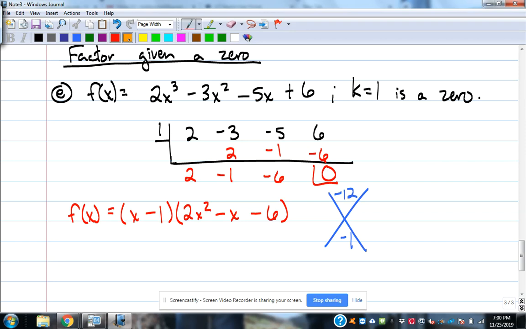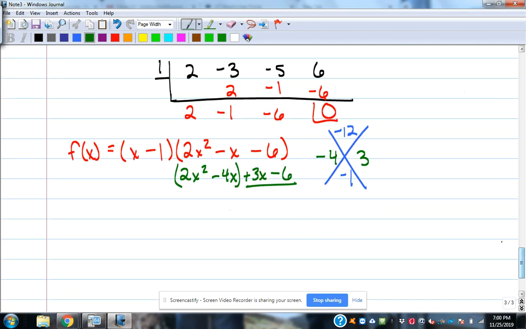Negative 4 and positive 3. There you go. And then because there's something in front of x squared, I got to do the grouping step. So I'm going to do minus 4x plus 3x minus 6 and group that. What's the GCF of my first group? 2 what? 2x.